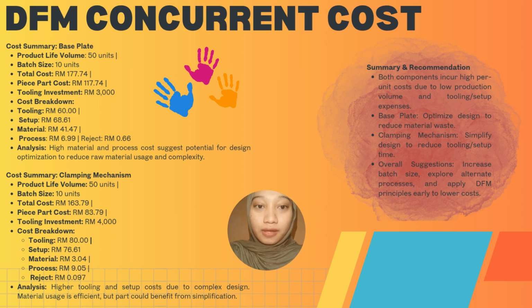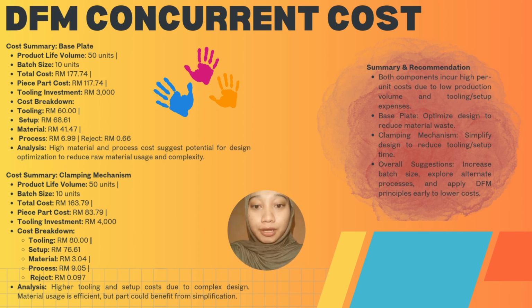To summarize, the recommendation from the concurrent cost is that both components incur higher costs due to production volume and tooling or setup expenses. For the base plate, the design should be optimized to reduce material waste.